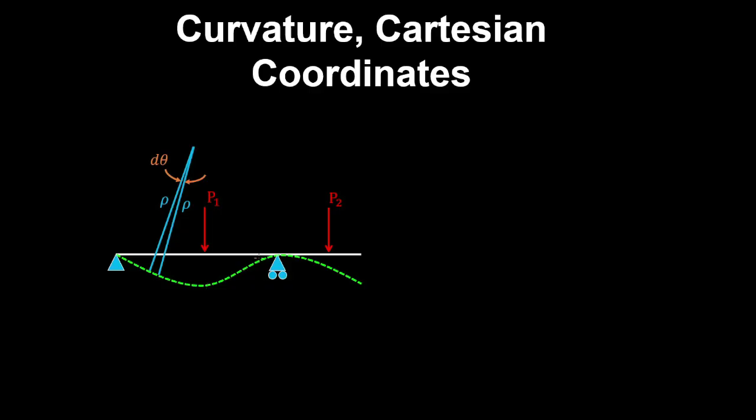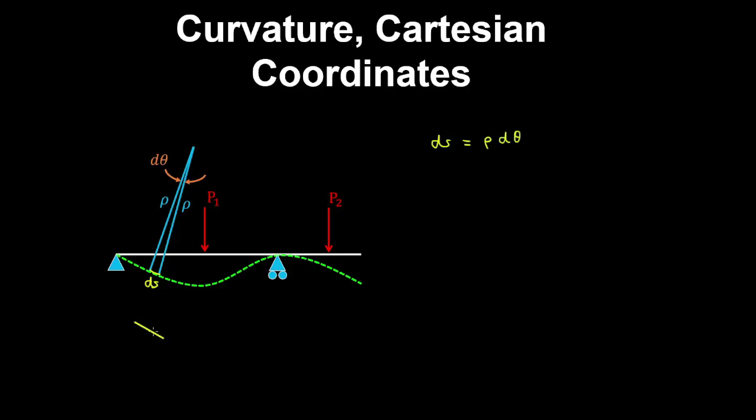Consider the deformation of this beam under external loads. And if we take a small element of the deformed shape, which has an arc length ds, that's equal to rho, being the radius of curvature, by the differential change in the angle.